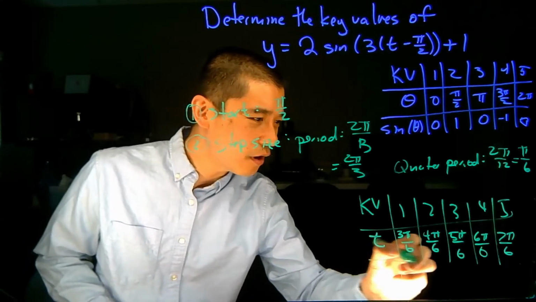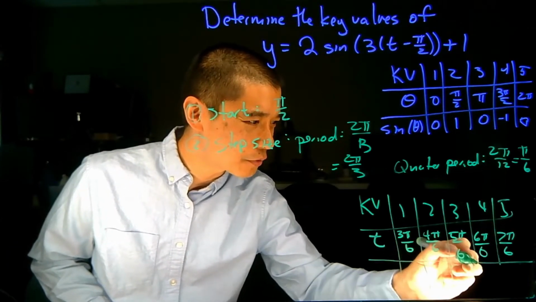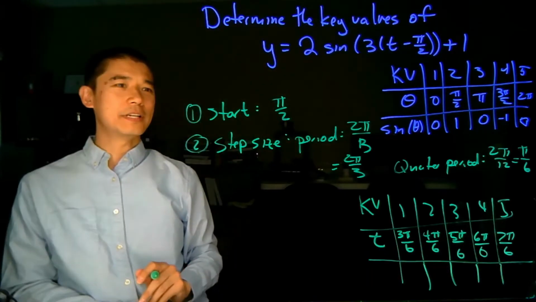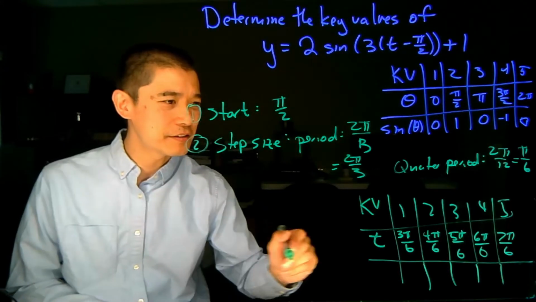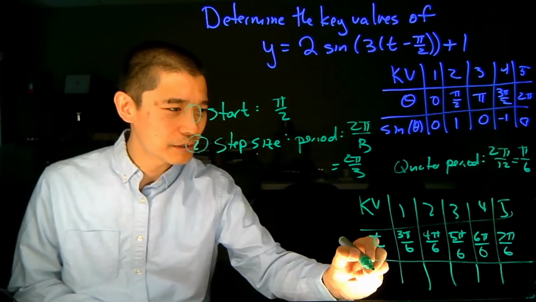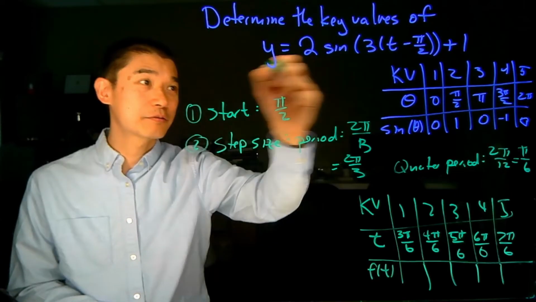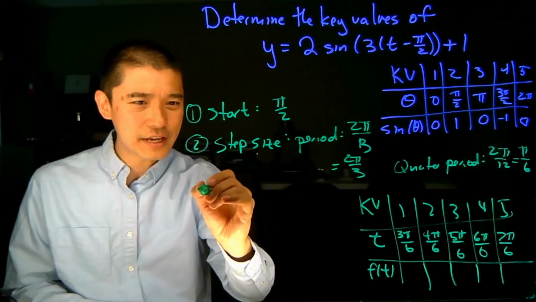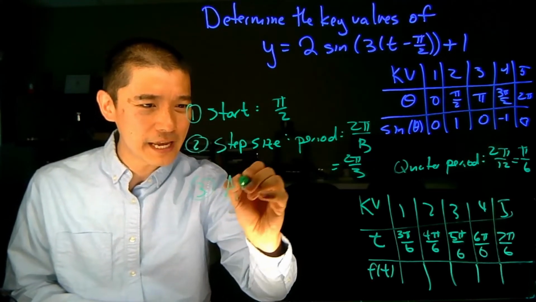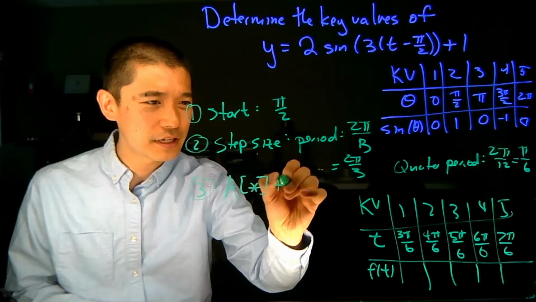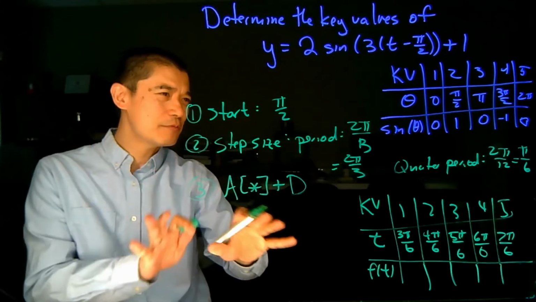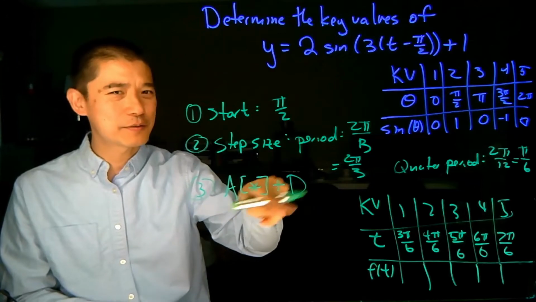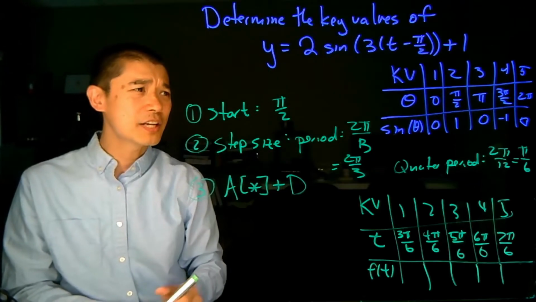So that gives us all of our new horizontal coordinates for our chart of key values. And for our function, which I'm just going to write f of t here so I don't have to fit that whole thing up here, we're going to take these values, and the formula is going to be a times the quantity plus d. And again, we'll see where all this comes from later on, but right now just go with the formula. So here we go.